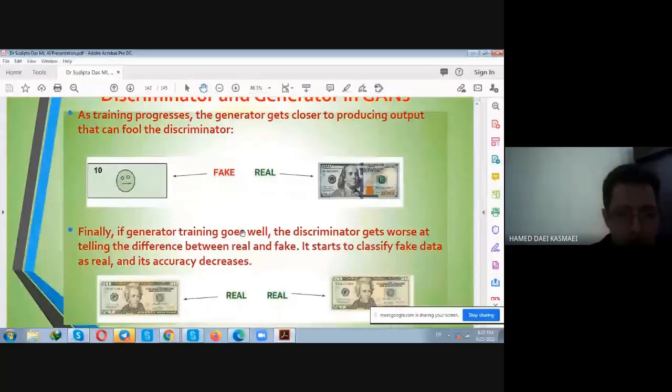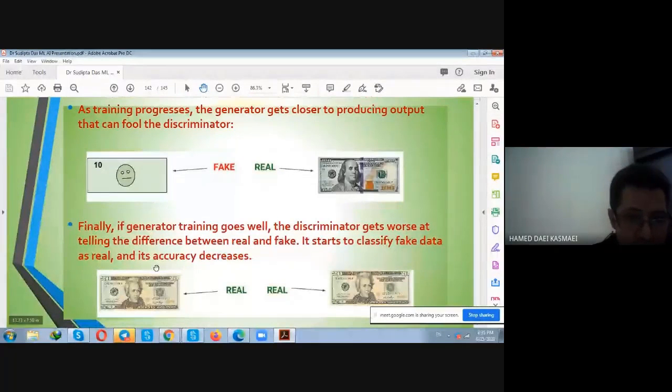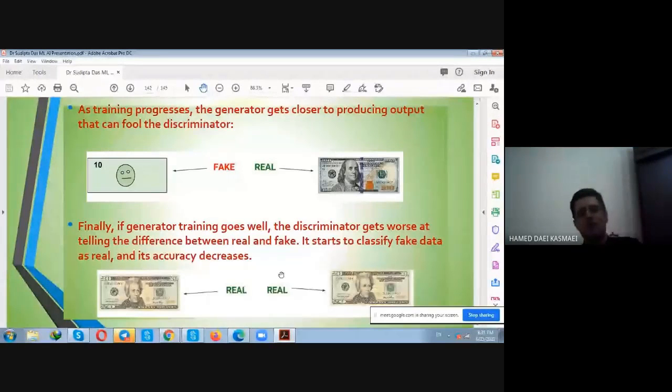And finally, if generator training goes well, the discriminator gets worse at telling the difference between real and fake. It starts to classify fake data as real, and its accuracy decreases. It says, okay, it's fake, and both of them are real. So this accuracy is around 100% at the final level.